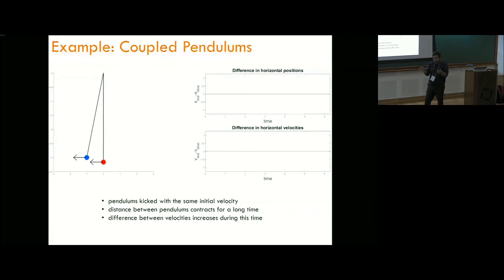So you have to stop them at the point where they start diverging. At that point, you couple them again with the same velocity. That is the reason why we are refreshing velocity in this algorithm. And that is why we need some bound on the contraction time, because that tells us how long to run this Hamiltonian trajectory.